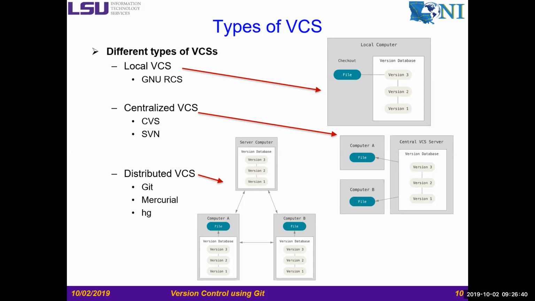As user A on computer A, you don't have to talk to computer B directly. So this is the difference from the localized version control system. It's centralized. It can have lots of advantages over the local version control system.